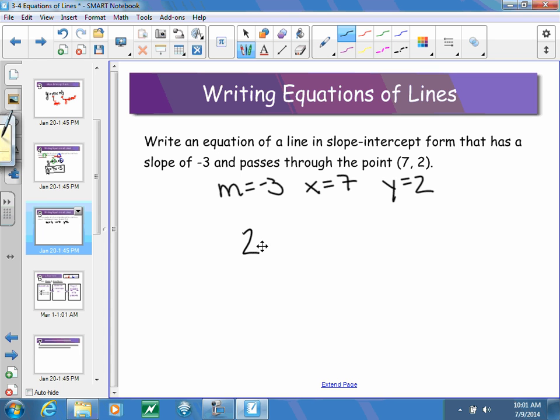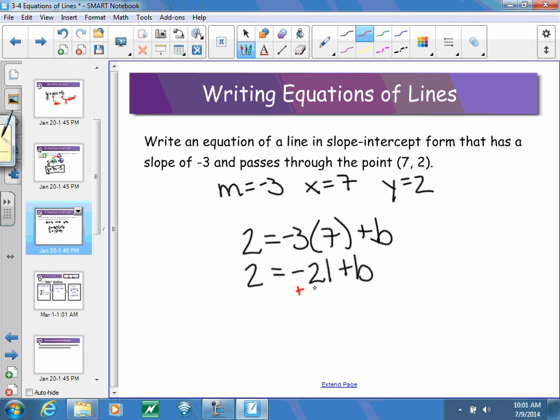So this gives me 2 is equal to -3 times 7 plus b. Y equals mx plus b. So 2 is equal to -21 plus b. Adding 21 to both sides, I end up with 23 is equal to b.